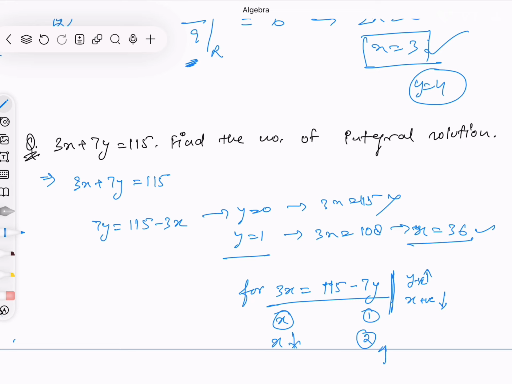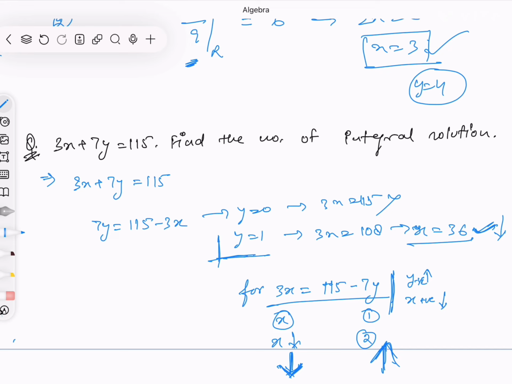So if I keep on increasing y, x will keep on decreasing. The lowest value that I could find of y was 1, so the upcoming values that I will have for x will be lesser than this, because the negative will be more.